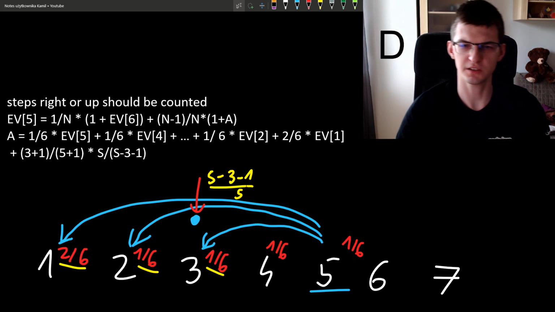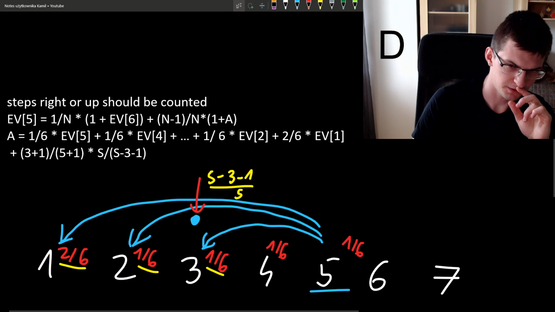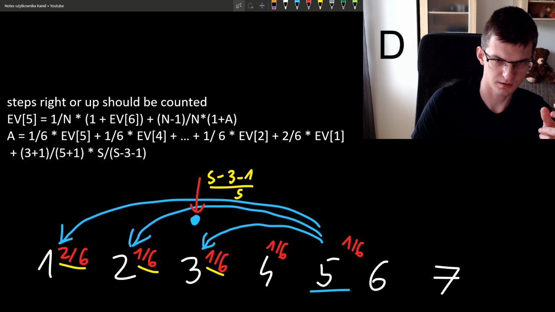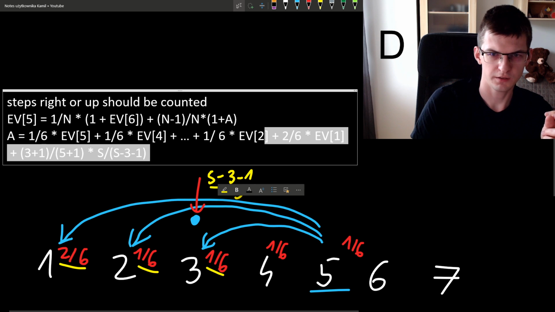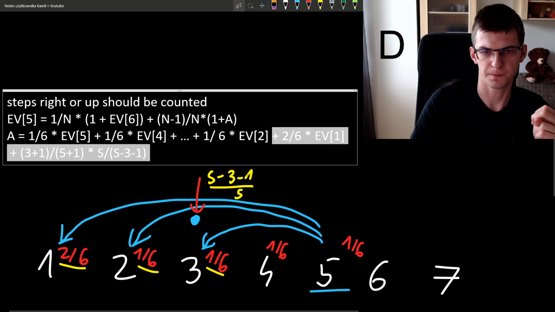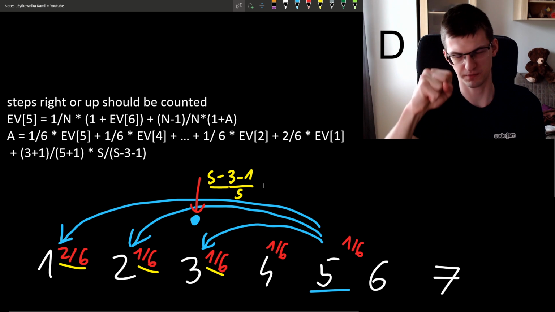Oh, this probability is 0 for this place. For probability 0, the expected time of this happening. Wait. Actually, if this is probability, I should say that 1 minus that, the yellow thing, is the probability of wasting a move.